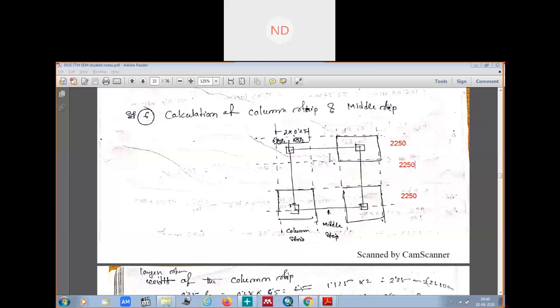So along the longer direction, what were the width of the column strip and the width of the middle strip, and the width of the column strip on all the sides.